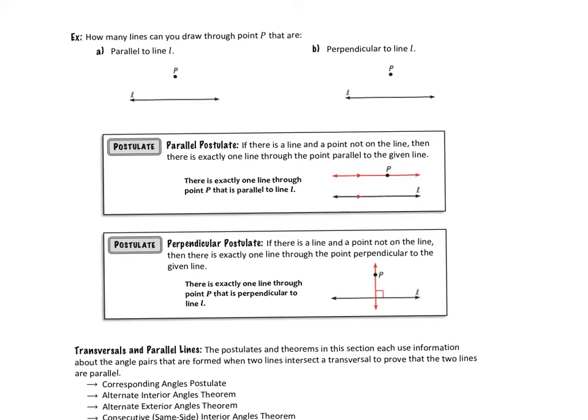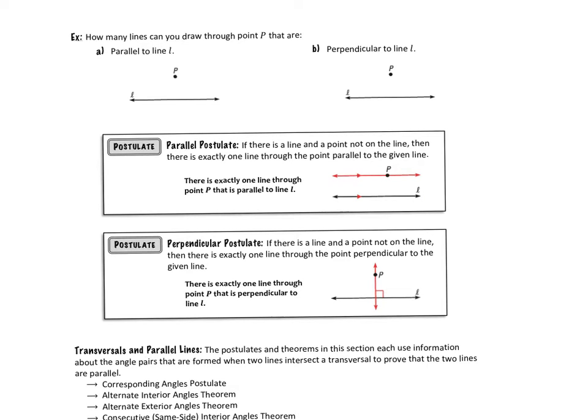But before we get to actually looking at the corresponding angles postulate, we have two more postulates we're going to get to first. Okay, so we're going to talk a little bit more about what it means to be parallel and what it means to be perpendicular. So we already know that parallel means that two lines are coplanar but never intersect.